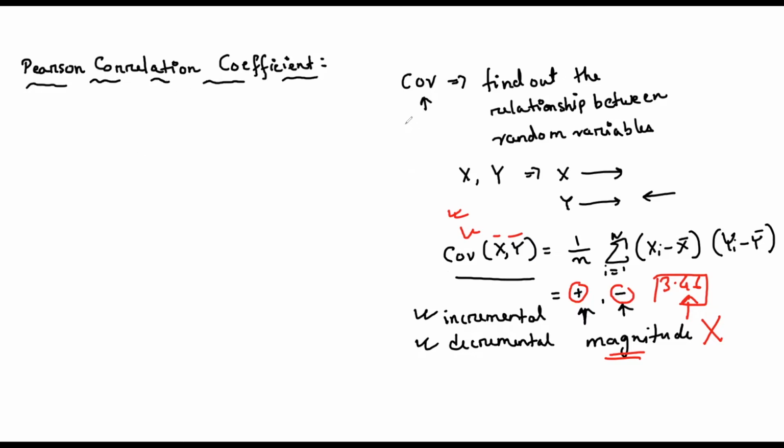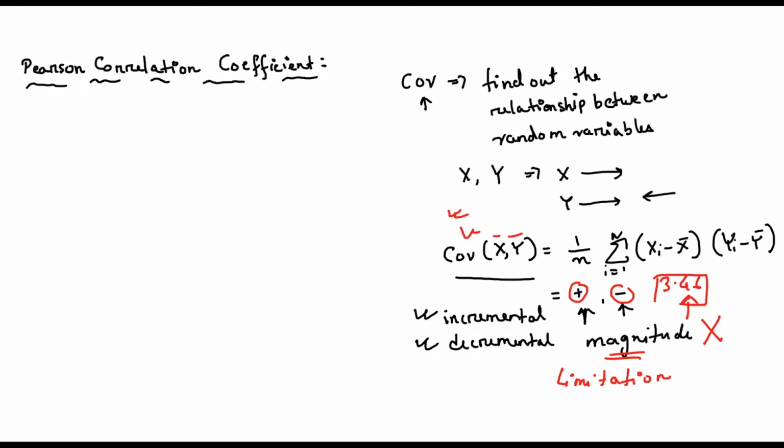Because there is a limitation in covariance. The limitation was that the magnitude of the relationship cannot be calculated with covariance.